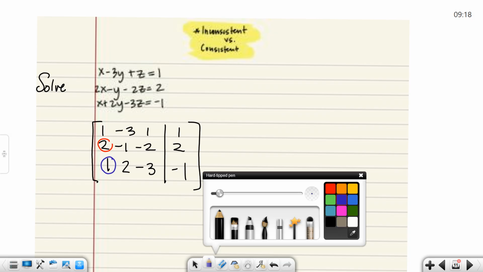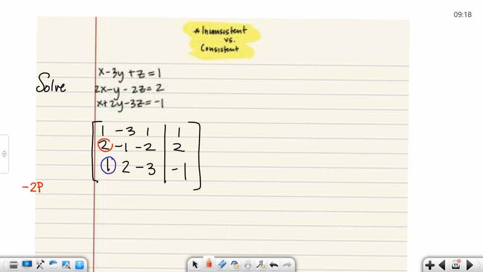So I'm going to do both that red operation and that blue operation in one little wallop. To get rid of the 2, I'm going to say -2 row 1 plus row 2, and that's going to give me a new row 2. So row 1 stays the same. I'm going to move out of your way in a second. I'm blocking you.